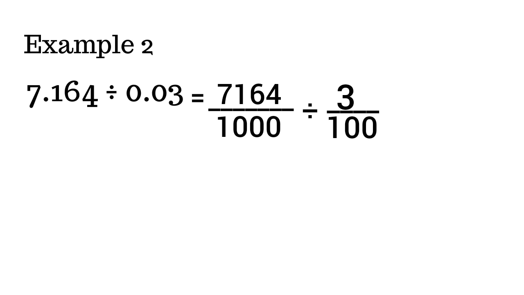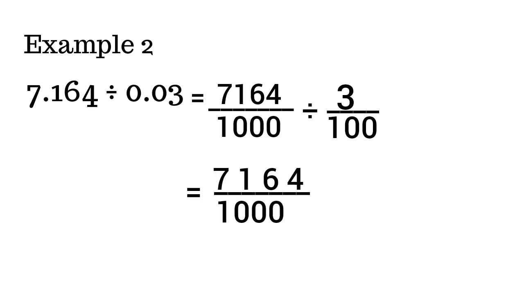So we will go ahead and have 7,164 over 1,000 times, once we change the sign to multiplication, 100 will go up while 3 comes down. We go ahead and cancel. 0 takes 0, 0 takes 0. 3 into itself is 1, into 7 is 2, remember 1.